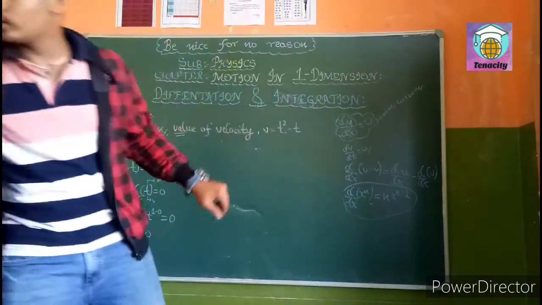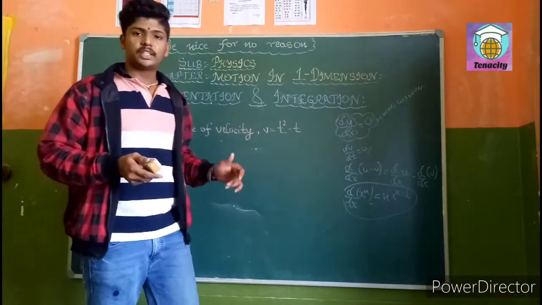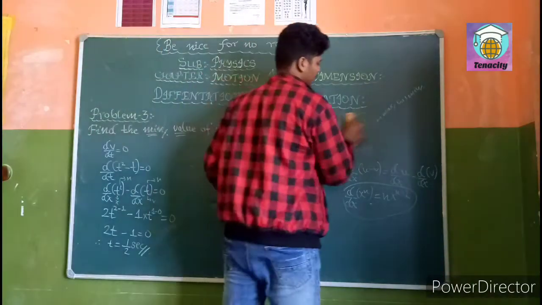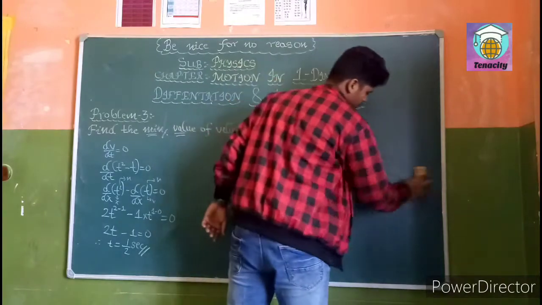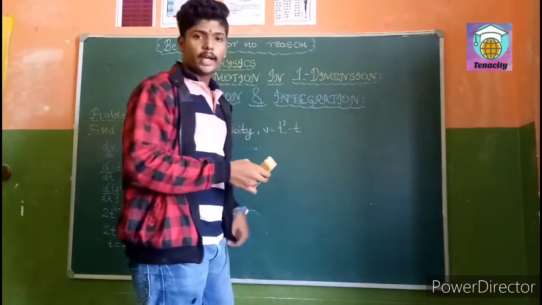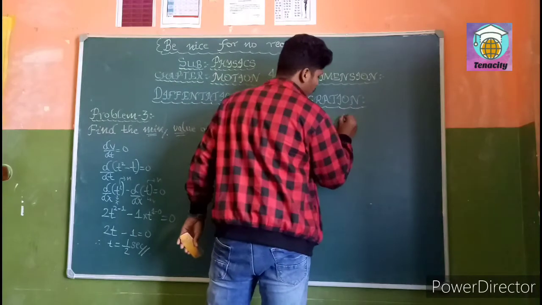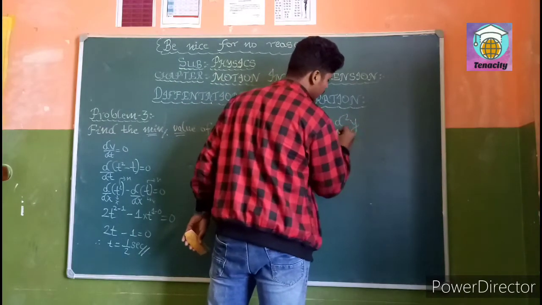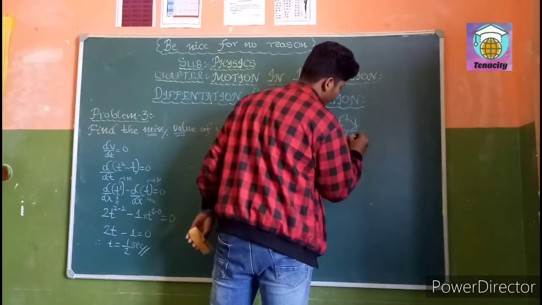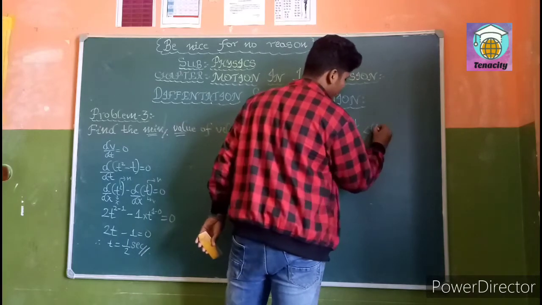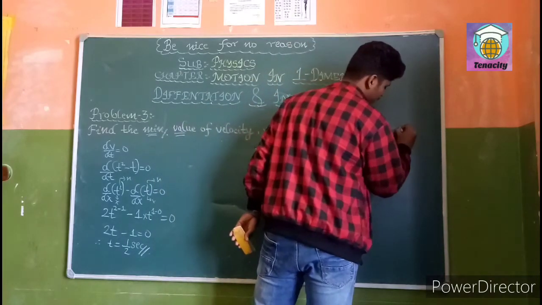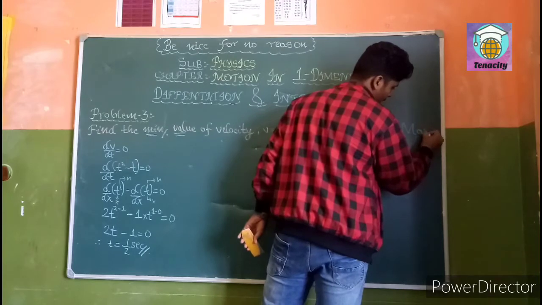But one more thing you have to specify is that when d square y by dx square is less than 0, this implies maximum value.